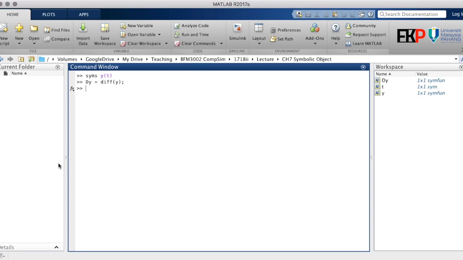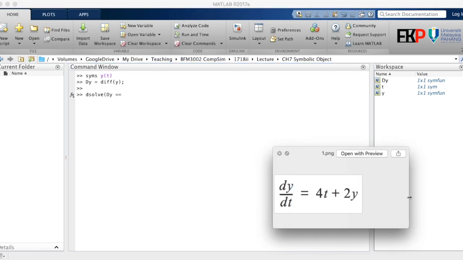To solve the differential equation, we can use the command dsolve, d for differential and solve. That is equal to dy, our equation here. Dy means dy over dt. We put a double equal here, which means that it is equal.